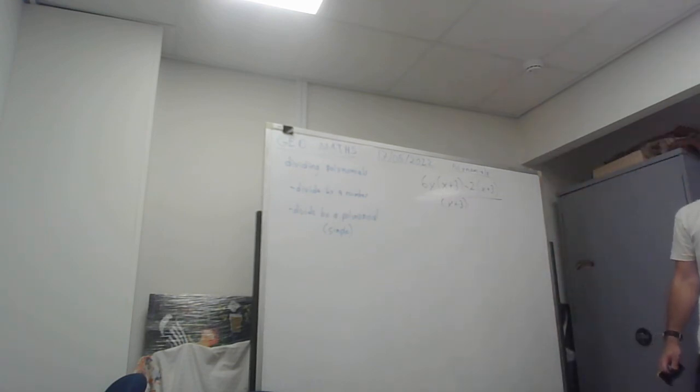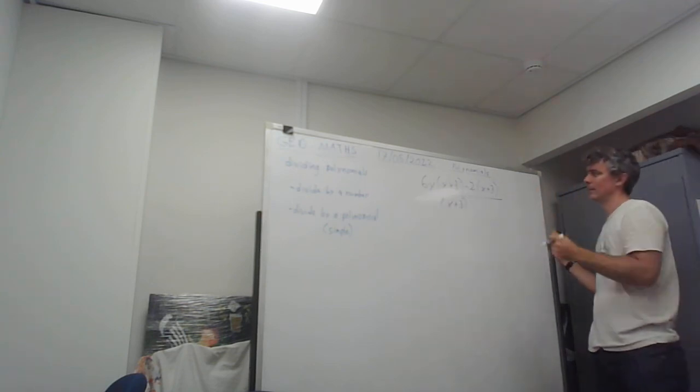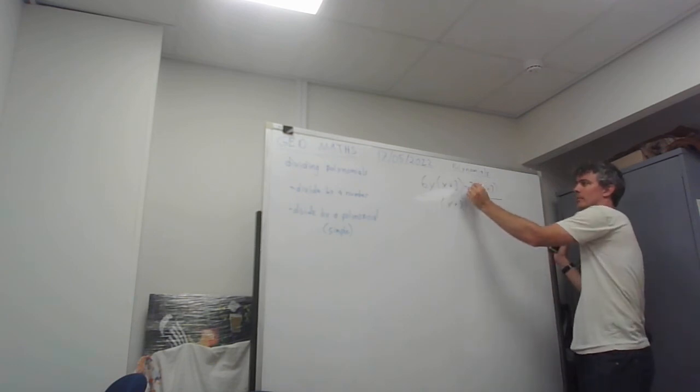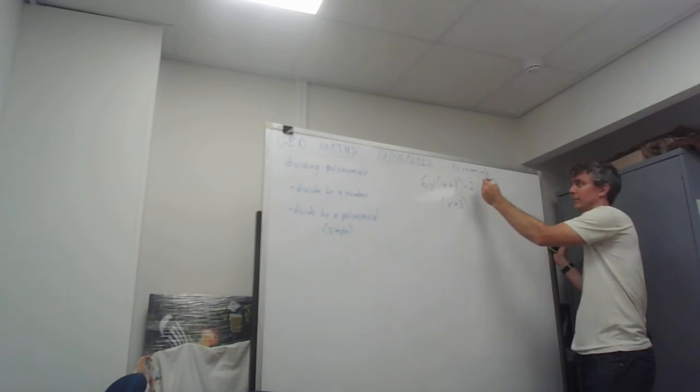What do you think is going to happen? So you can divide each term, remember here's a minus, you can divide each term by x plus 3. So these are going to cancel, right?